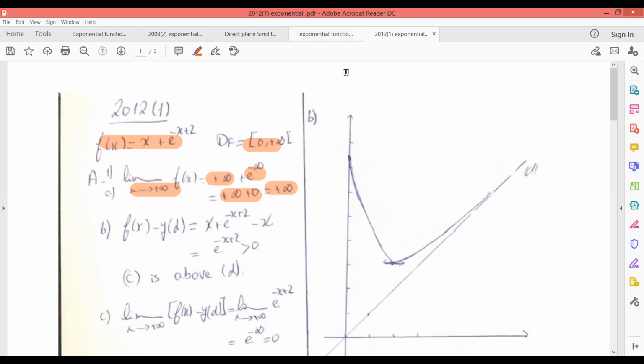How to calculate the derivative of the sum? Okay, 1 minus e to the minus x plus 2. What is the derivative of x? 1. Plus, what is the derivative of the exponential of minus x plus 2? Minus e to the power minus x plus 2. First I take the derivative of minus x plus 2, which is minus 1.